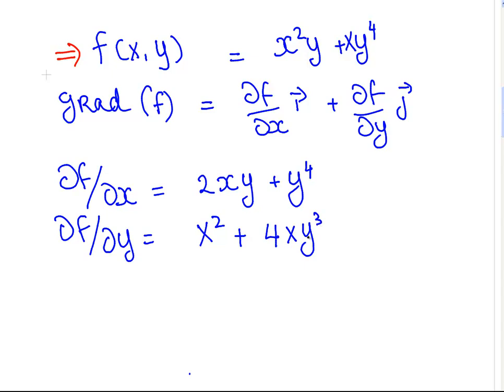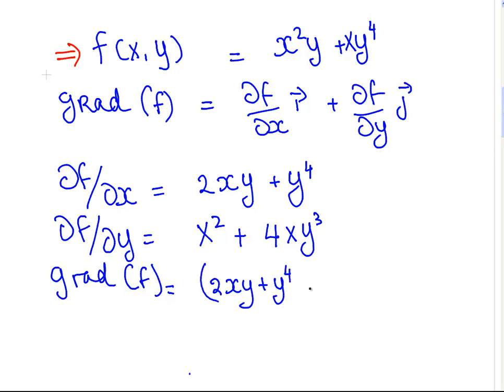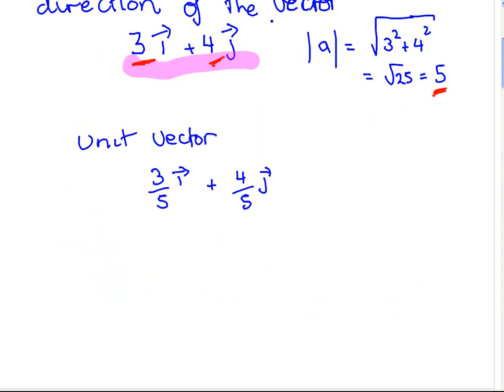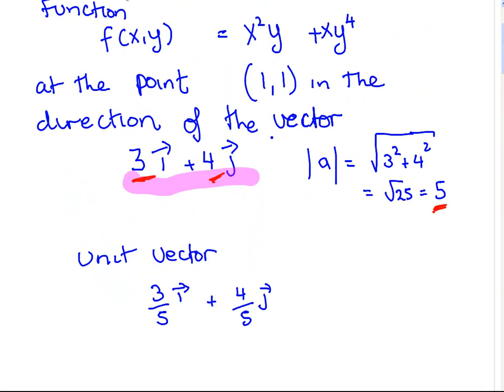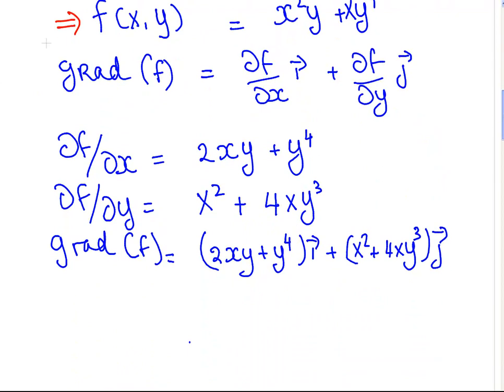Now we are going to write out the gradient. The gradient of f is 2xy plus y to the power of 4 i plus x squared plus 4xy cubed j. Now remember, we have to evaluate it at the point 1, 1. So let's do that.